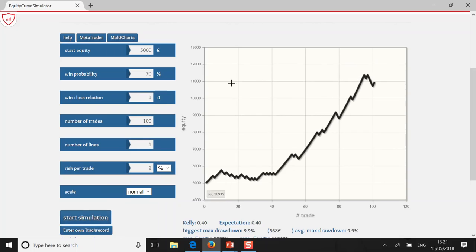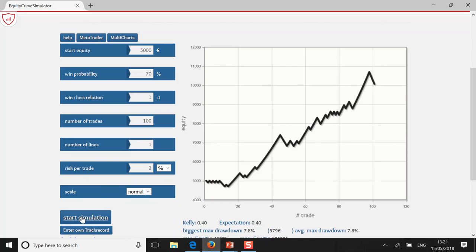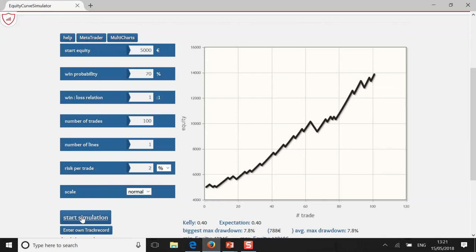But these can sometimes be awfully difficult to find, and that's why sometimes you might have a situation where you think you have a 70% system and then it starts operating like a 60% system. So you really have to do a lot of testing and work out what is the true win rate for what you're doing.